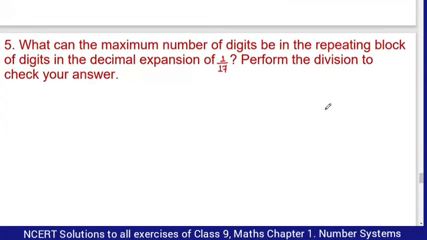Question number 5. What can the maximum number of digits be in the repeating block of digits in the decimal expansion of 1 by 17? Perform the division to check your answer. Solution. Now divide 1 by 17.